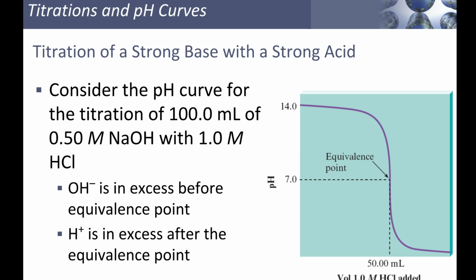You're going to now start at the pH of the base, whatever that may be. So if you have 0.5 molar sodium hydroxide, 100 mils of it, and you get the pH of that, it's going to be up there, and then now you're going to start adding hydrochloric acid, and as you add hydrochloric acid, the pH is going to start dropping, as you can see on the curve, right?